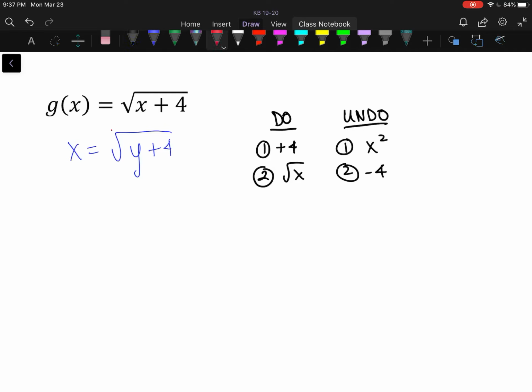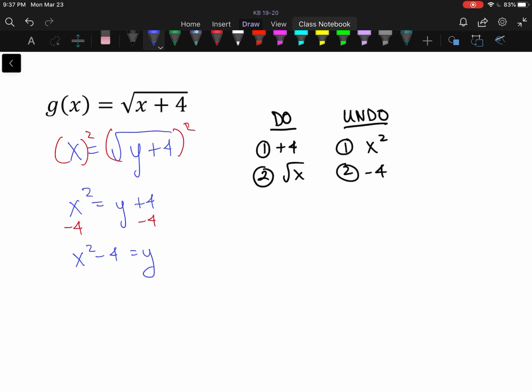So square both sides. That gives us x squared equals, no square root anymore, y plus 4. Subtract 4 from both sides, and we get x squared minus 4 equals y.